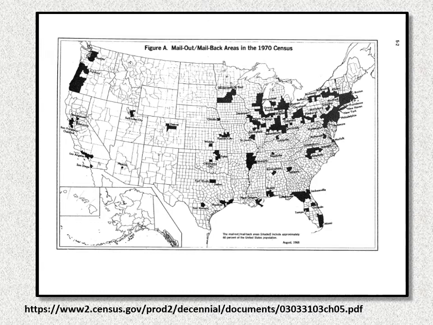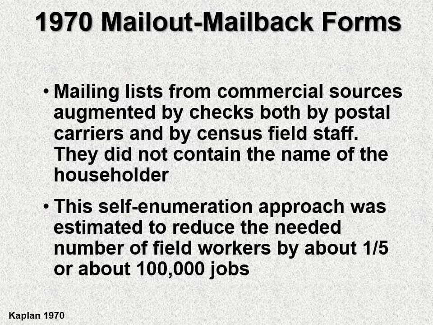Here is a map showing you where the mail-out, mail-back areas were. They were in major urban areas and in some cases adjoining counties. The mailing lists were from commercial sources, augmented by checks both by the postal carriers, because they were given cards to say, is this address correct?